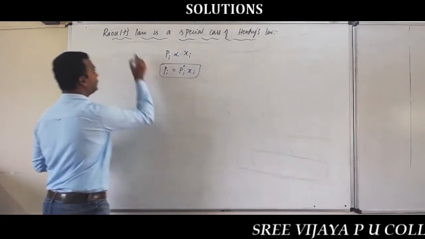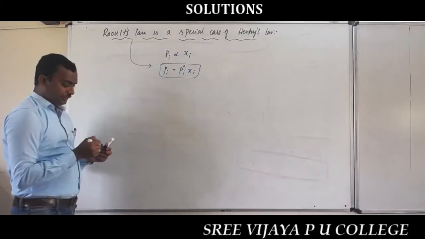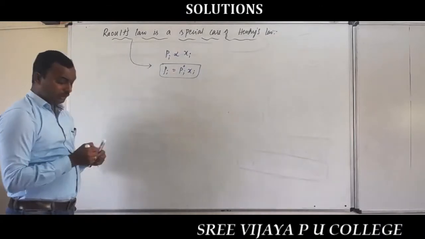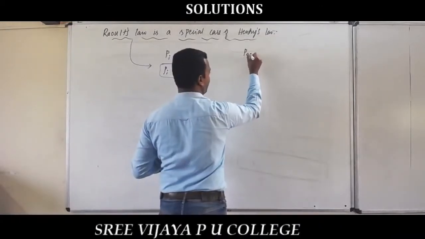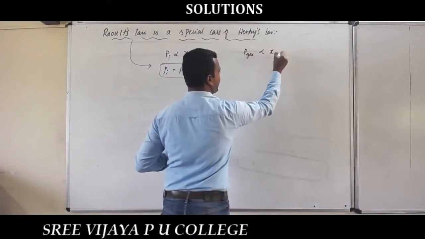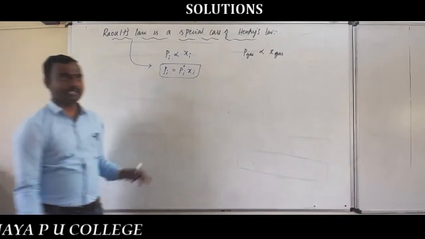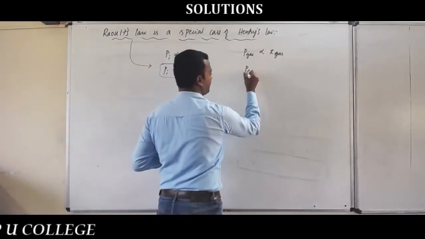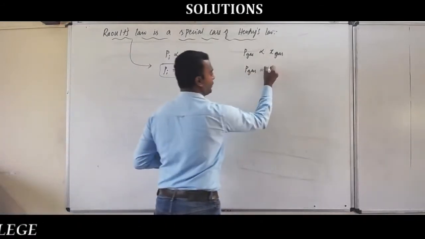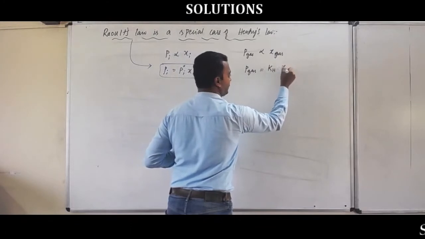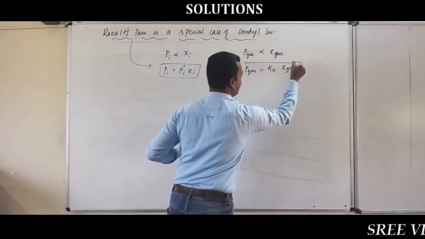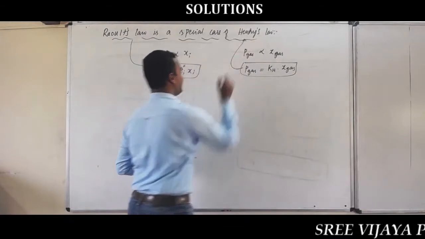This is according to Raoult's law. According to Henry's law, partial pressure of a gas is directly proportional to its mole fraction. So partial pressure of the gas is equal to Henry's constant Kh into mole fraction of the gas. This is according to Henry's law.